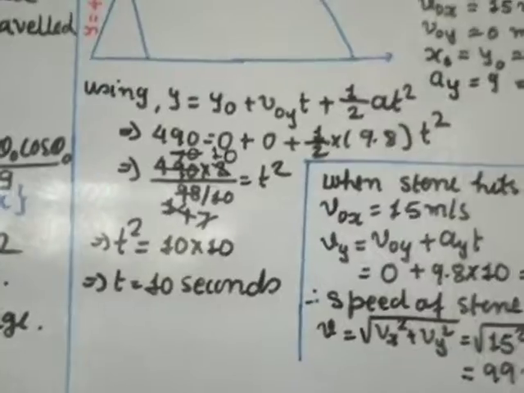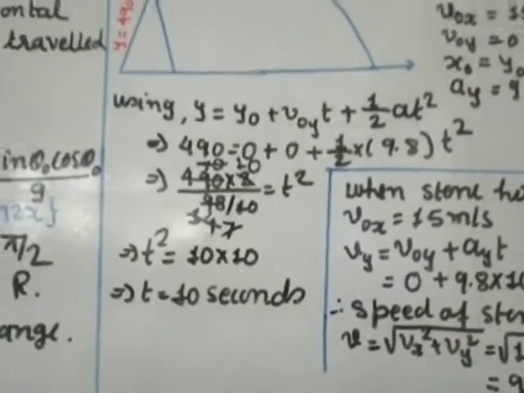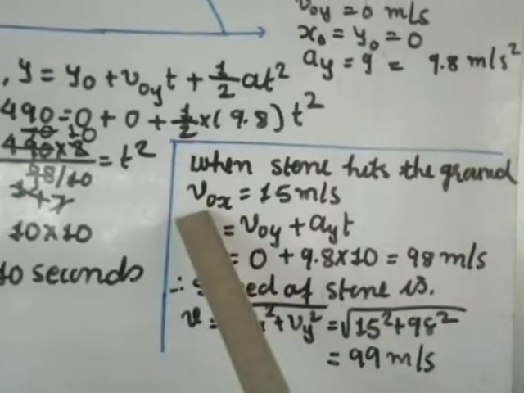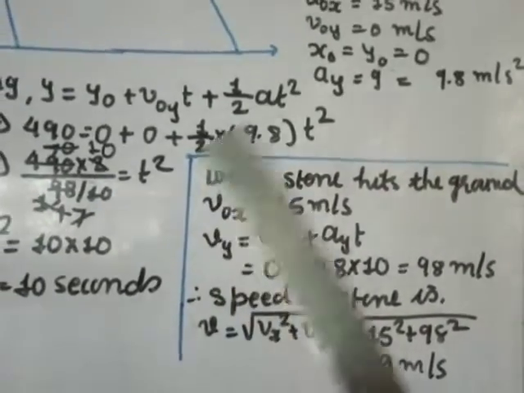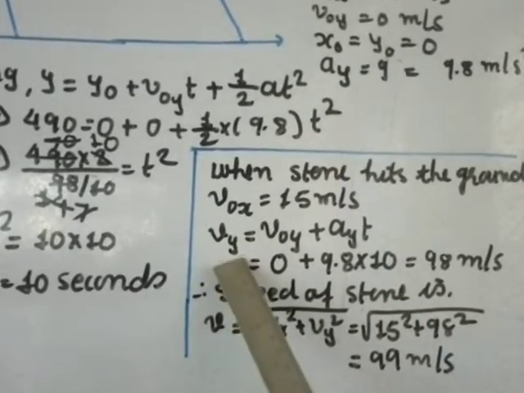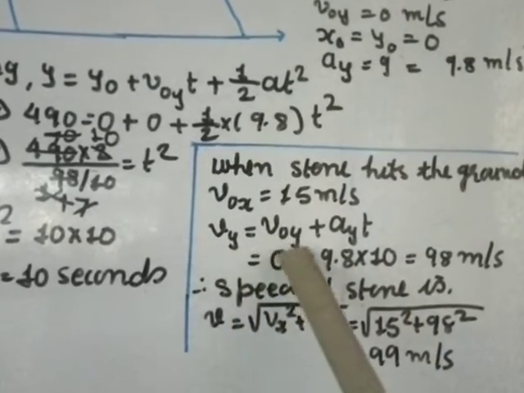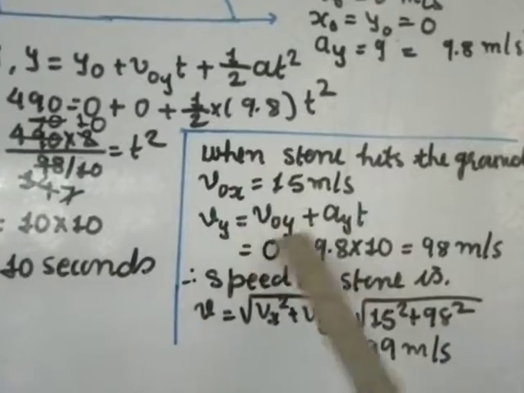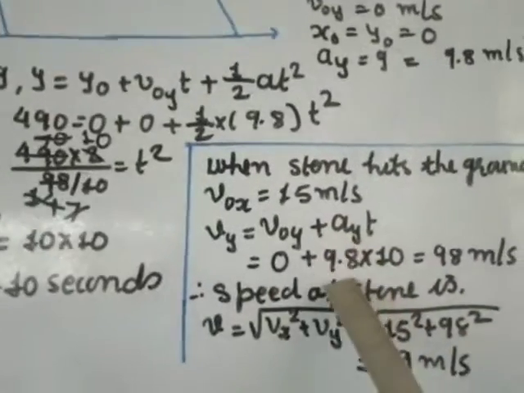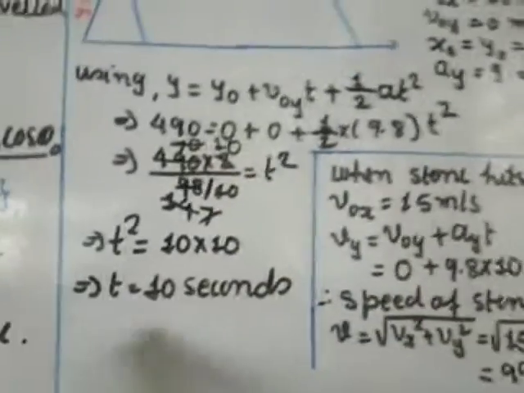Now you have to find with what velocity it will hit the ground. That is also asked. So when the stone hits the ground, the x component of the velocity is 15 meter per second, and the y component will be vy is equal to vy naught plus ay t. So this value is 0, already we have written before, and ay is 9.8 and time t, which is found here, 10.